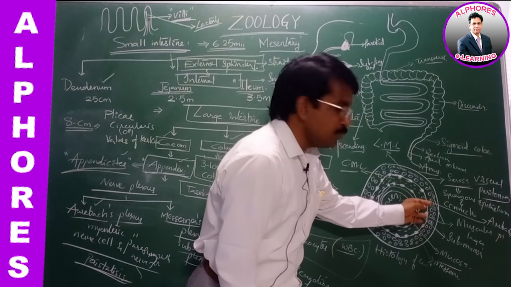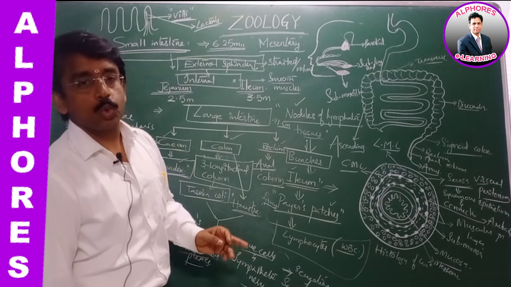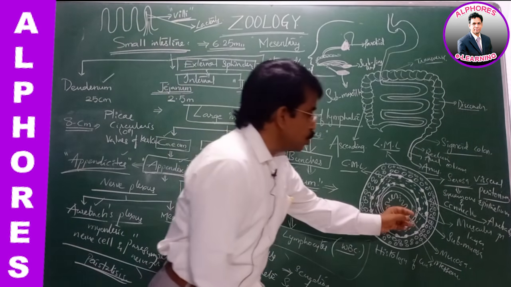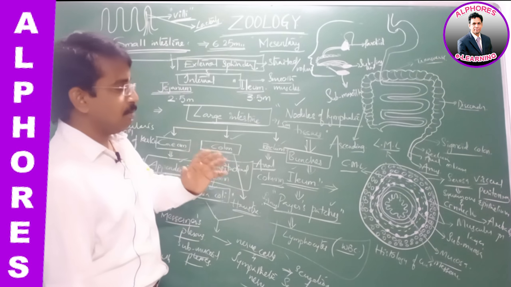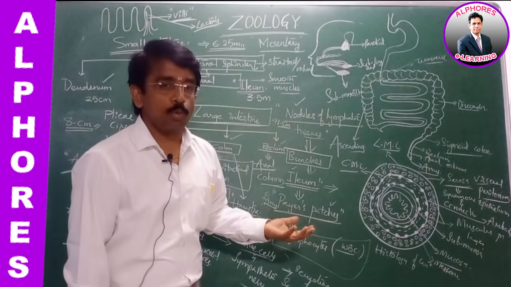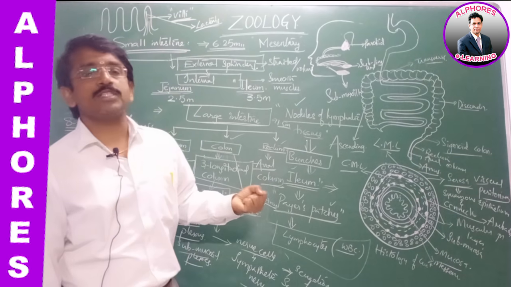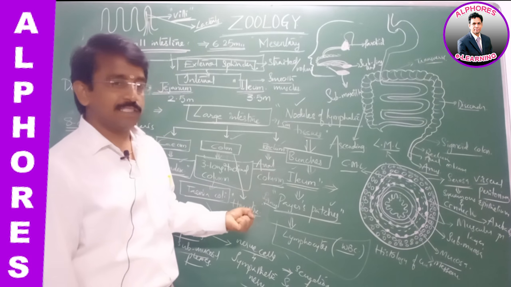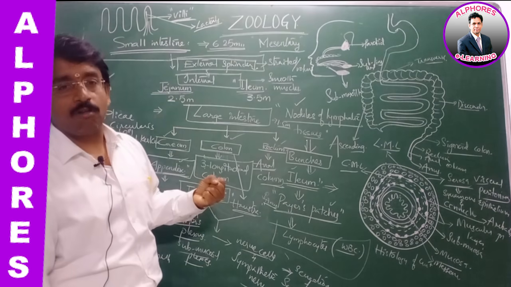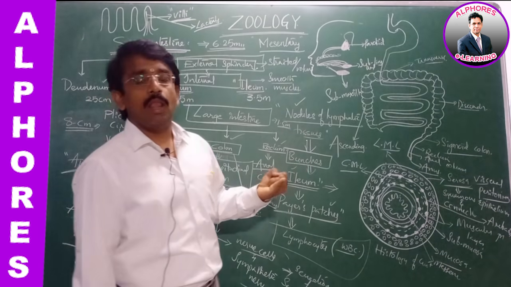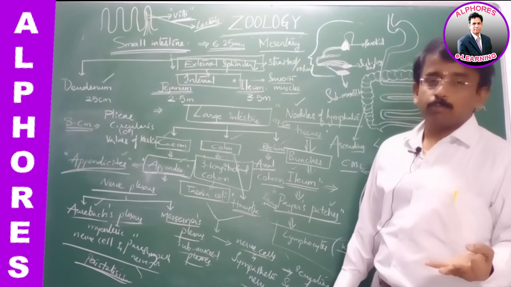Next, inside the submucosa is the mucosa. Mucosa is the innermost layer. Why is it named so? Basically, mucosa is nothing but the mucus layer. This mucosa layer consists of epithelium, lamina propria, and connective tissue.